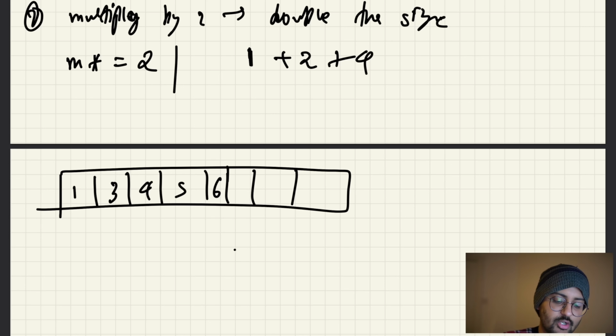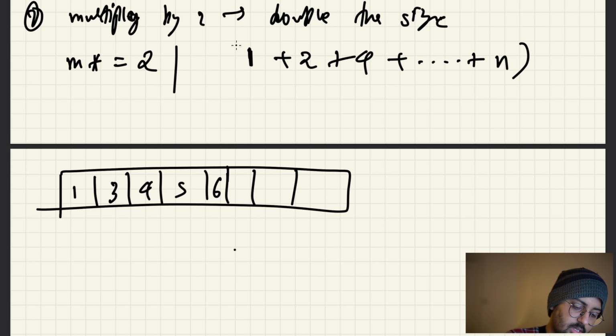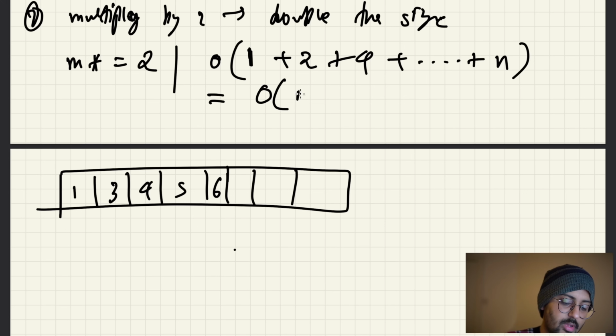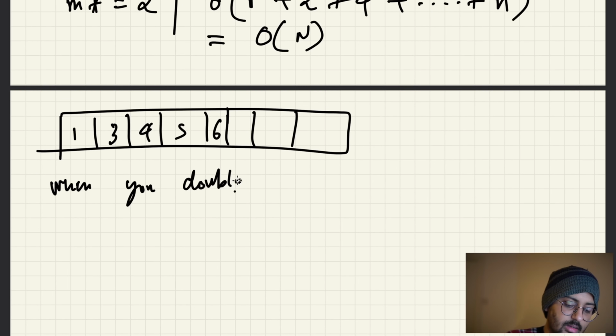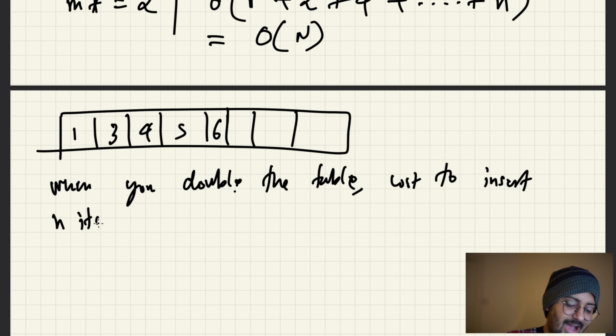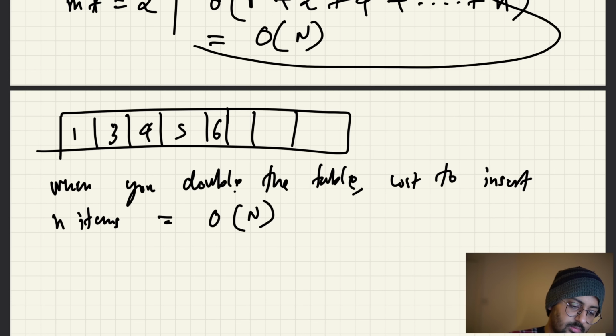So at every 2 raised to the power i, you are doubling. Very simple math, right? So for n elements, this is going to be equal to what? If you want to insert n elements, this comes out to be O of n. So in simple terms, when you double the table, the cost to insert n items comes out to be O of n because of this formula.